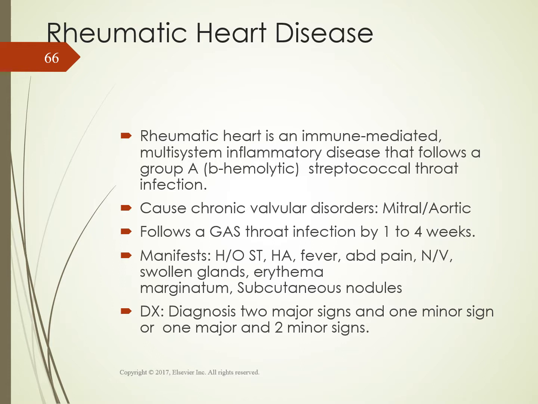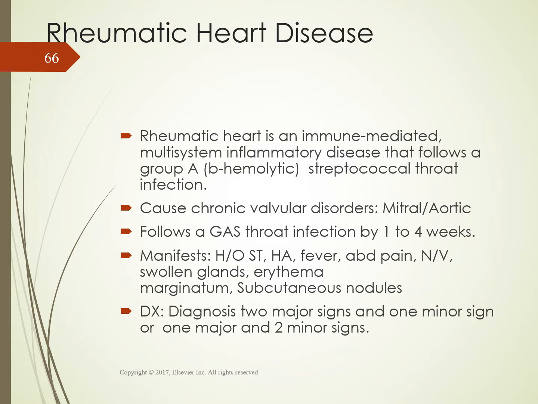The criteria were developed because no single laboratory test or sign or symptom is pathognomonic of the disease, although several combinations of them are diagnostic. The signs and symptoms of rheumatic fever are grouped into major and minor categories. The major signs are carditis, polyarthritis, chorea, erythema marginatum, and subcutaneous nodules.